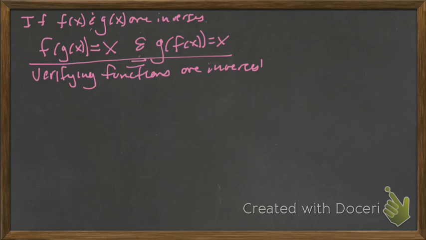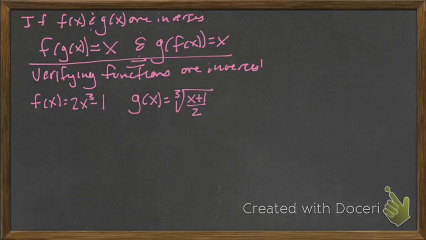I'm going to do one more example with you guys about verifying functions are inverses with the kind of tricky one that we did for the second example. If you remember our second example, I gave you f of x was the function 2x cubed, take away 1. And then our inverse function, I'll just call it g of x right now, our answer was the cube root of x plus 1 over 2.